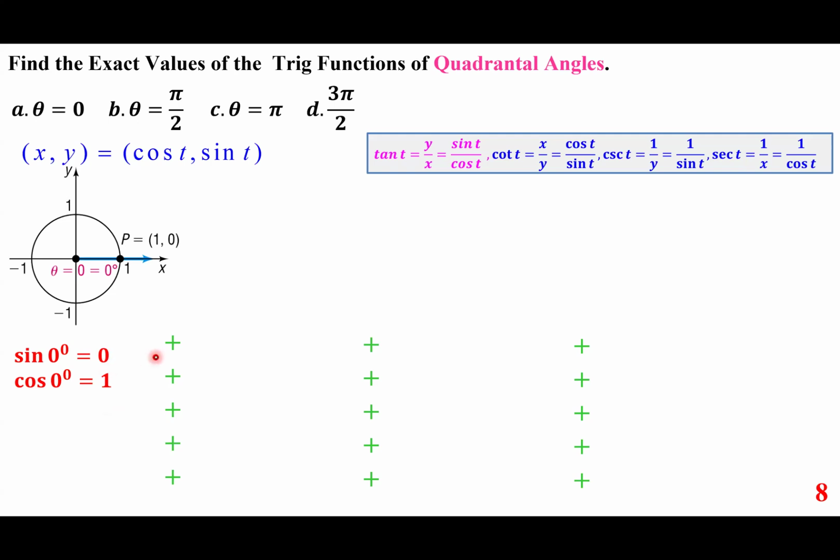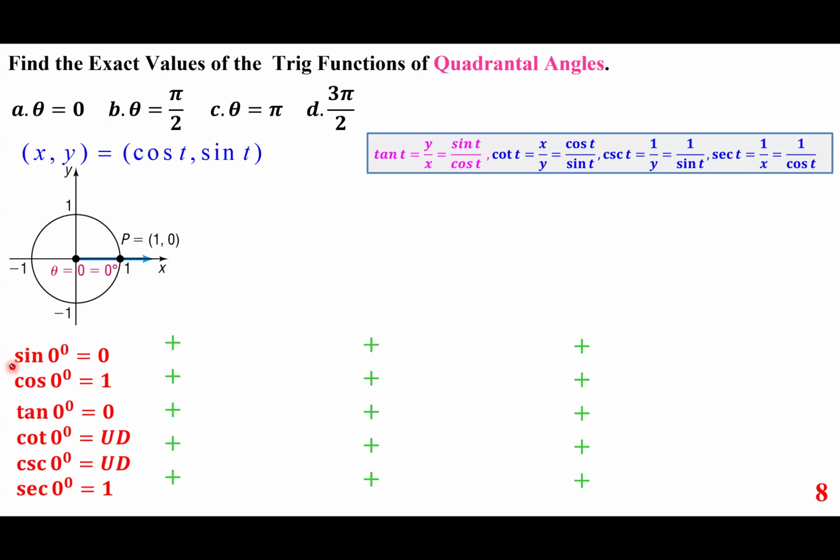Cosecant is 1 over sine, that means 1 over 0, undefined. And secant is 1 over cosine, 1 over 1, which is 1. So the rest are the reciprocals. I'm going to assume nobody has any problem with that. You really have to know all of them, but more importantly, learn these two and you are fine with the rest of it.